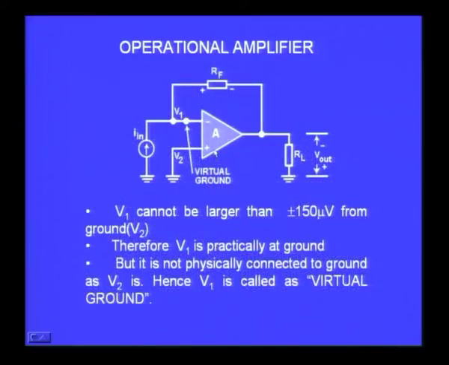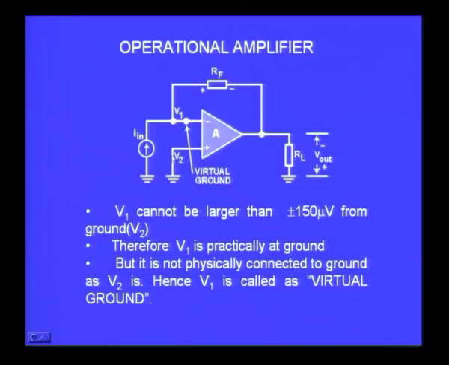Now, having understood this concept, let us look at the circuit once more here. This is the same circuit which is called the current to voltage converter. Now we wanted to understand how the output is given by minus I in into RF or R2 whatever. Now you can see one of the input terminals, V2, is connected to ground. If this is connected to ground, then without looking at the amplifier you can say the corresponding other input V1 should also be very close to ground within plus or minus 150 microvolts.